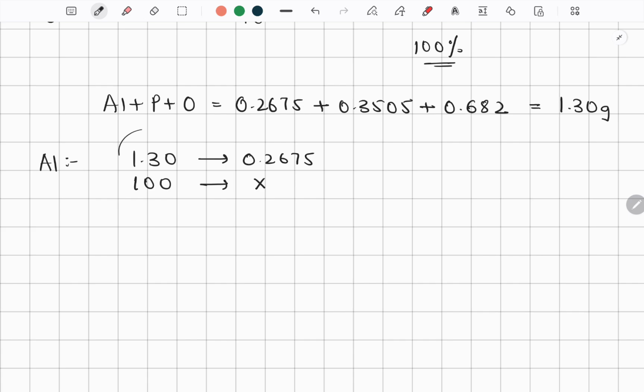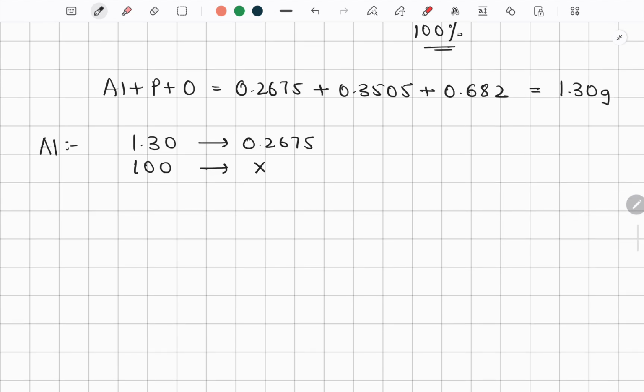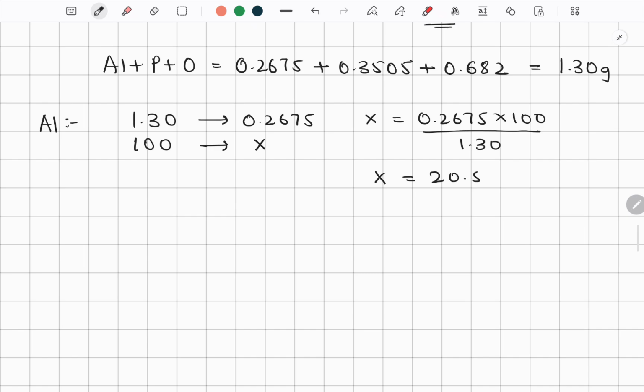So X is 0.2675 into 100 divided by 1.30, and if you solve this fraction, you get 20.57. This is a percentage, because out of 100 gram my aluminium is 20.57 percent.